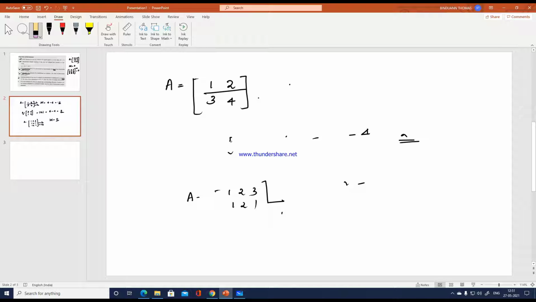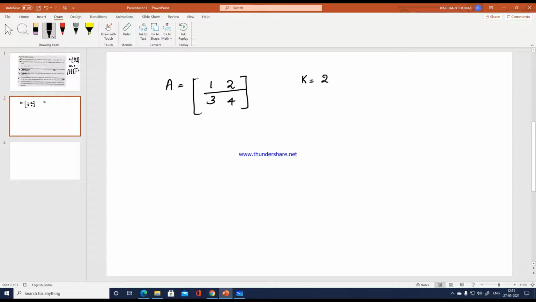We have a matrix and we need a scalar value. Let the constant be k. So this is our matrix and we have a constant k. Let it be 2.